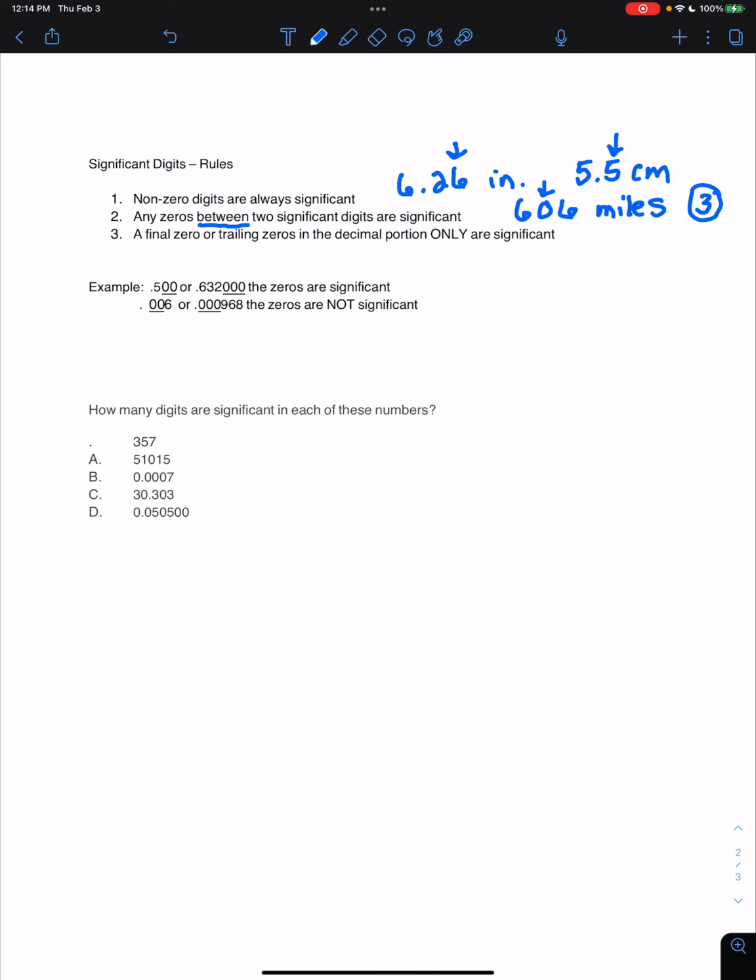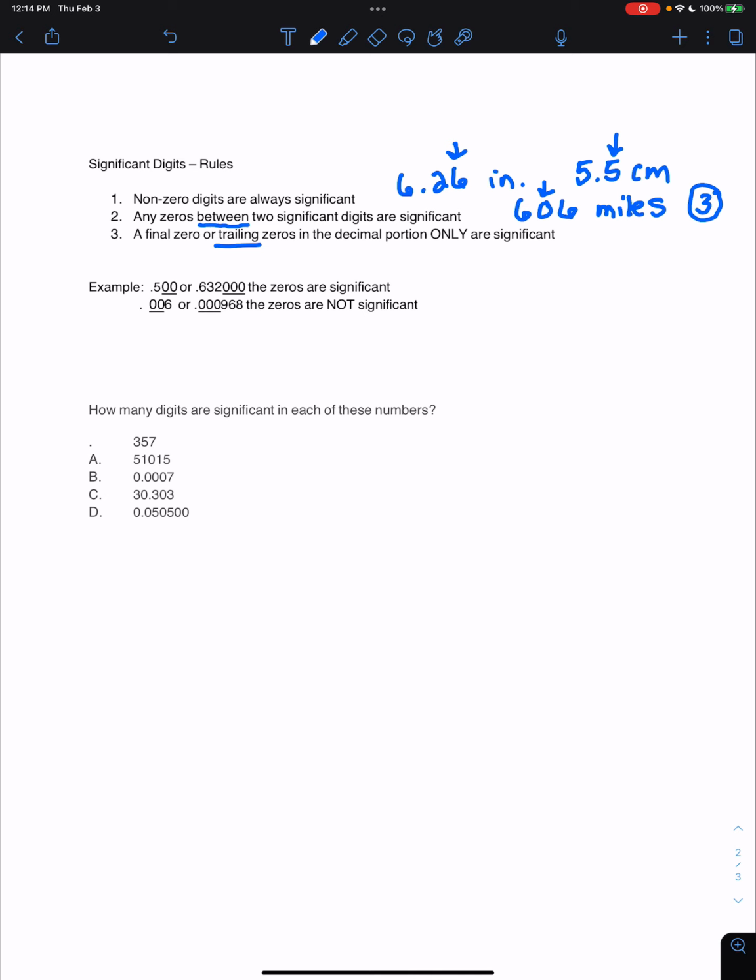Finally, a final zero, or as we call it, a trailing zero, in the decimal portion is only significant. Let me explain what I mean by that.